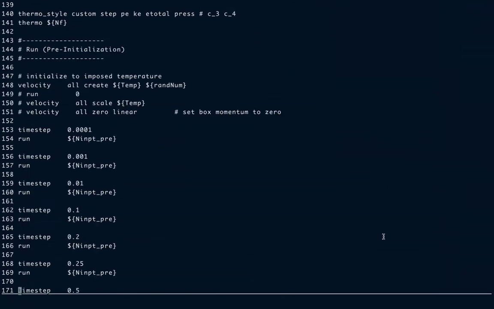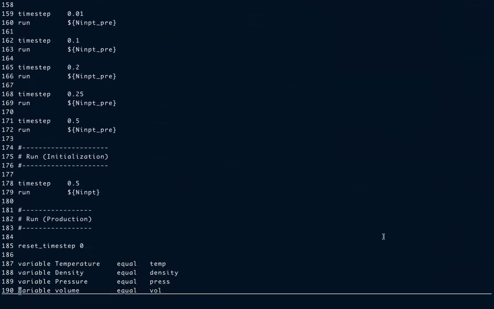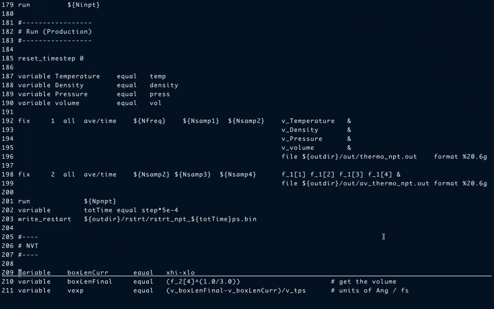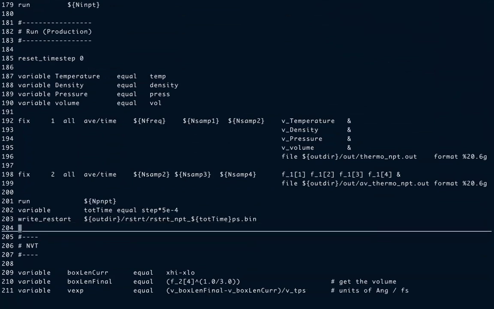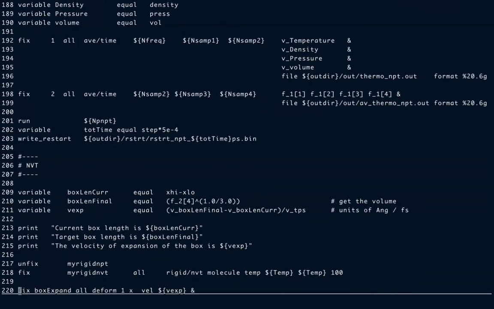Note that we had performed NPT simulations, which was up to this point here in the previous script, up till line 204. Once we have a stable pressure and once we have the density of the box fixed, we next have to fix the box size.